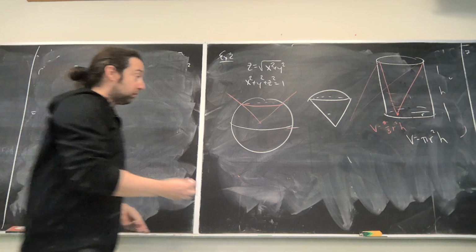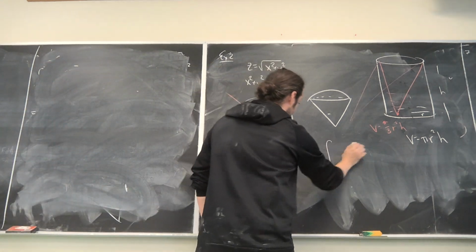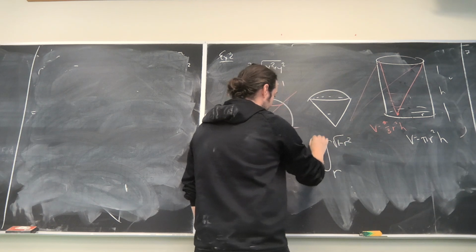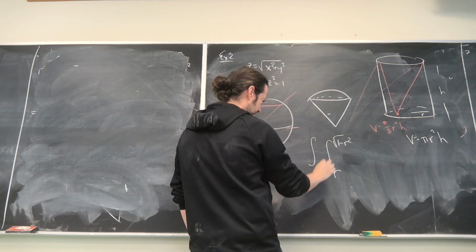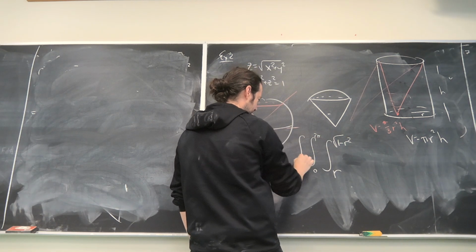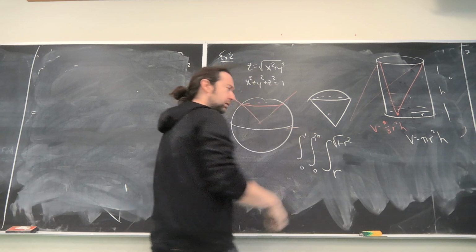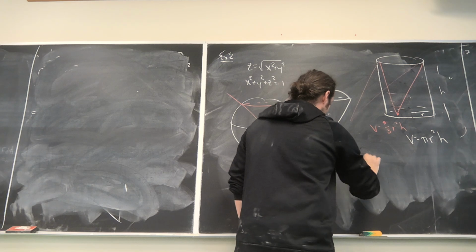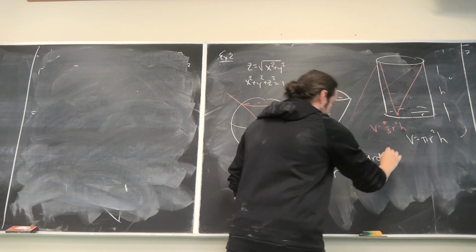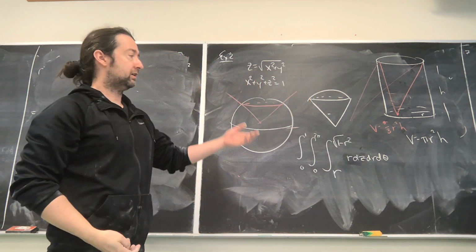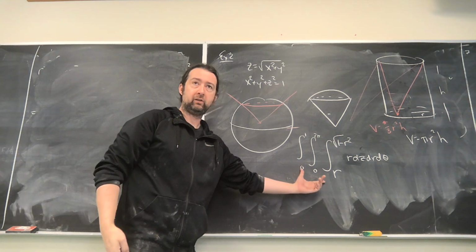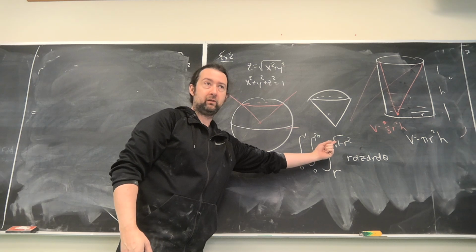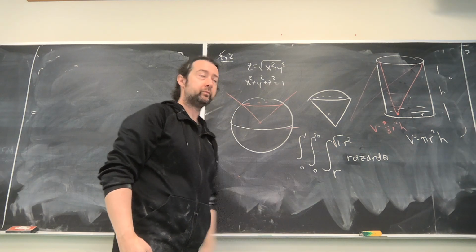In cylindrical coordinates, this turned out to be the integral from r to the square root of 1 minus r squared of the integral from 0 to 2 pi of the integral from 0 to 1 of r dz dr d theta. So if we characterize this thing as a cylindrical region, this is the equation that we got, from the cone up to the hemisphere, or the sphere cap.